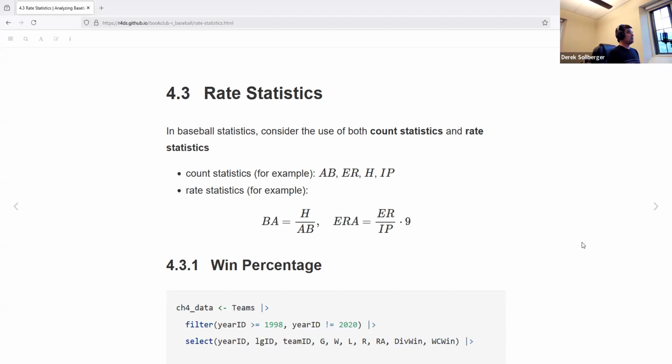For example, batting average is a fraction of hits over the number of at-bats, while earned run average, as you can see, is the number of earned runs divided by the number of innings pitched, but that's usually rescaled to a default 9 innings per game. So we might sometimes call that earned runs per 9 innings. But when we are thinking about these statistics, we might have to keep in mind these different notions between count statistics and rate statistics.